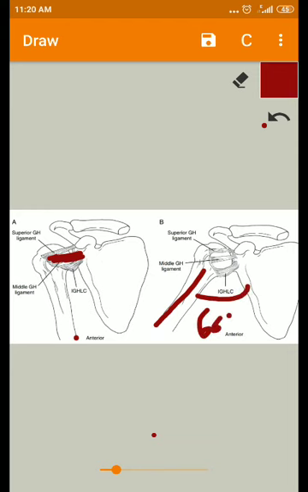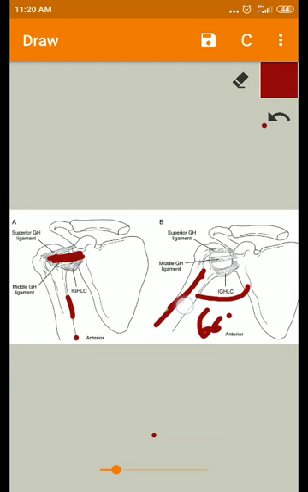So in these two conditions, when the arm is at rest and when the arm is abducted up to 60 degrees, the middle glenohumeral ligament gives joint stability by limiting the anterior humeral translation. Okay.